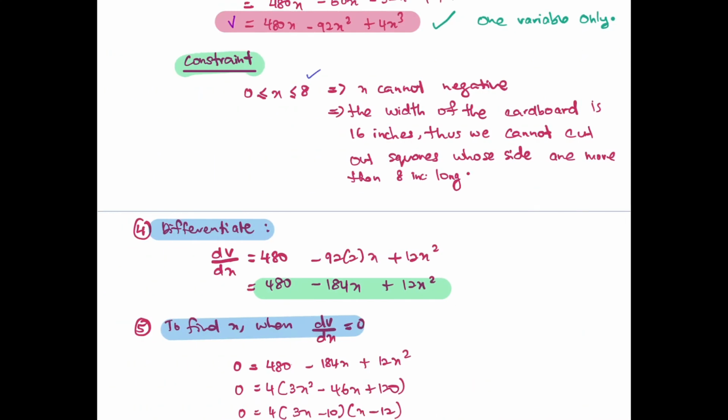Now, since we are ready to differentiate, let's do that. Let's differentiate. So dV over dx is just power rule. Bring down the power, reduced by 1. So this is your answer here. And then to find x, let's equate it to 0. So dV over dx equal to 0. And then you can factorize out 4. Further factorize this quadratic here.